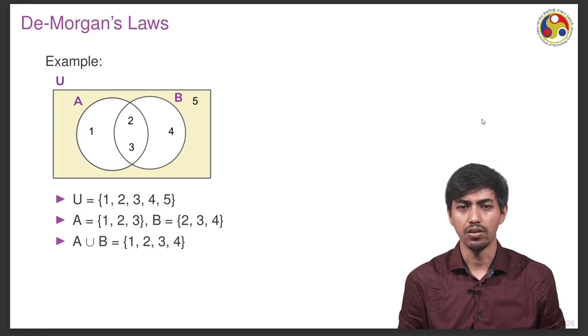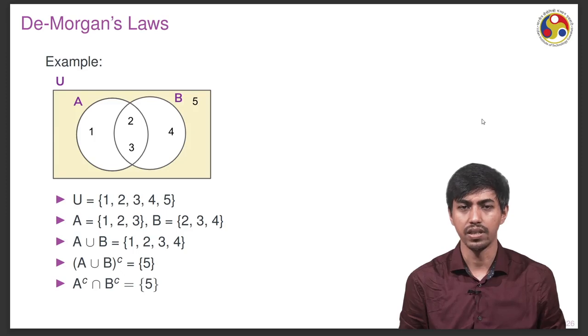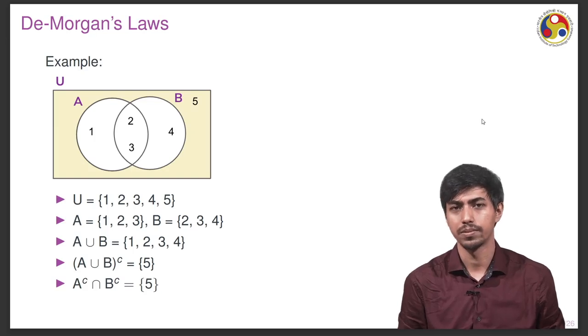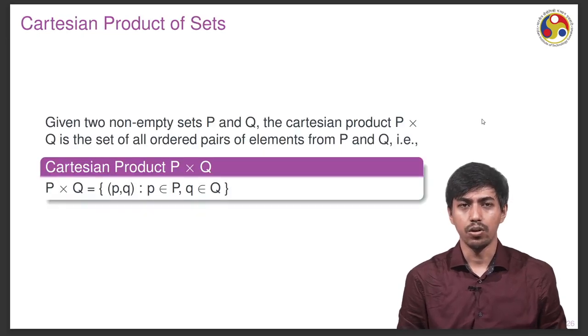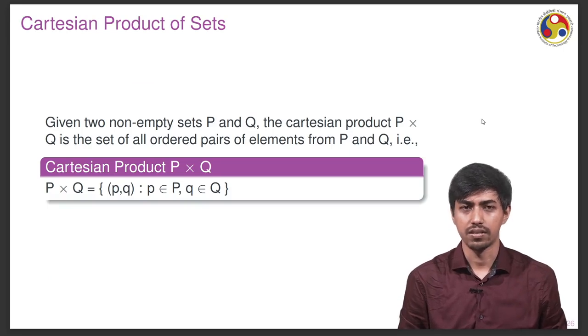It will be 1, 2, 3, 4. Therefore, the complement of A union B, if we consider the universal set U, will be a set with element 5. Now, if we find out A complement intersection B complement, it will be a set with element 5. So we can clearly see that in this case (A union B) complement is equal to A complement intersection B complement.